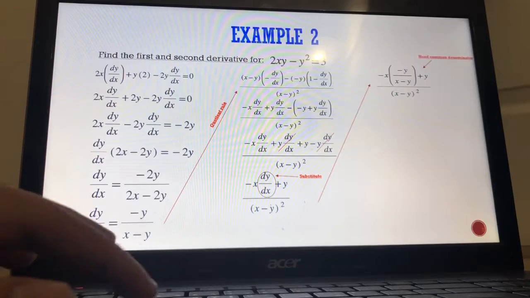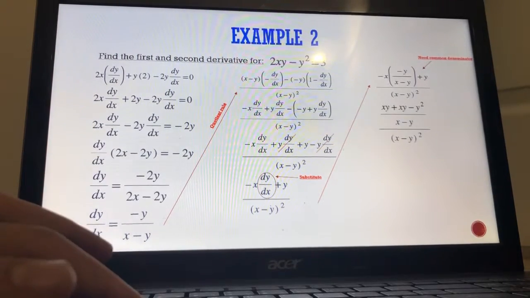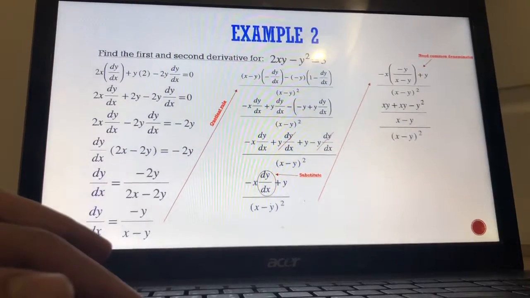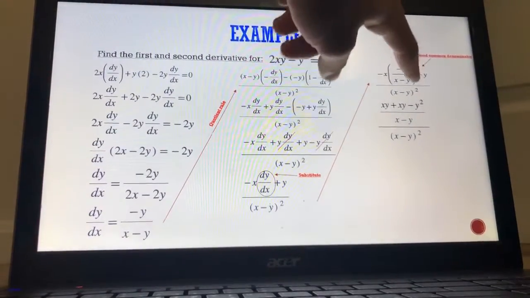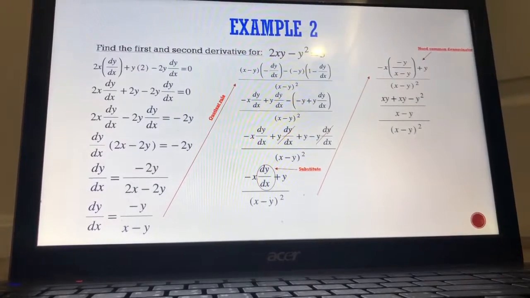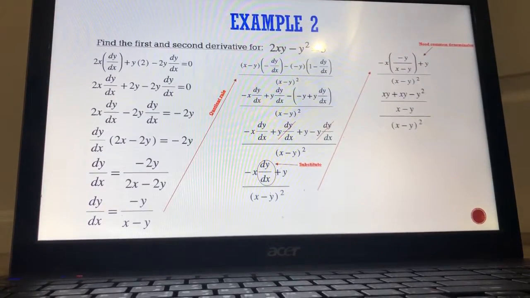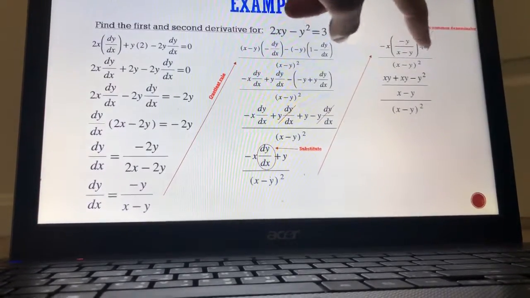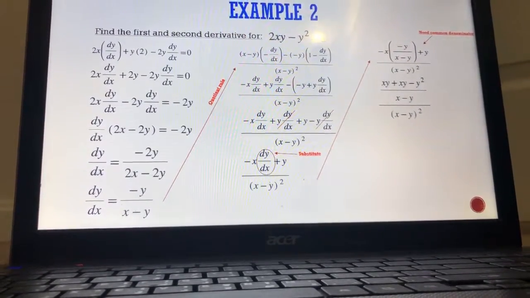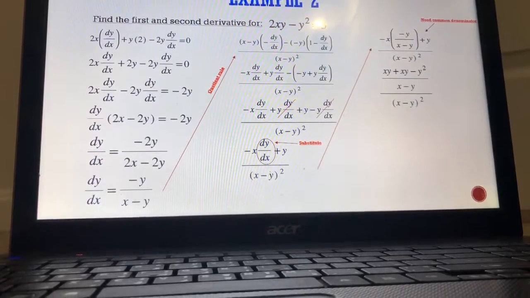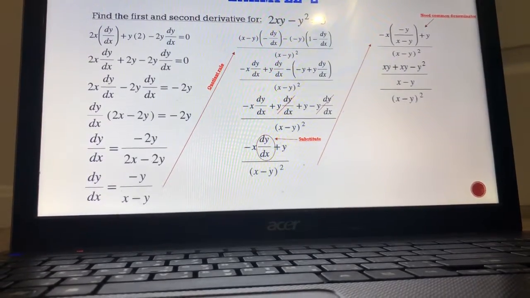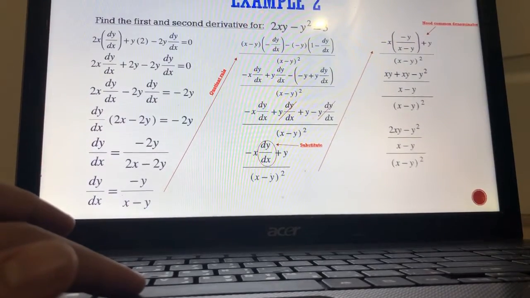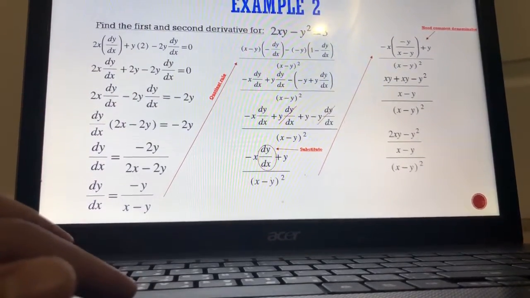So we substitute it in, and we need a common denominator for us to combine them. So when we put a common denominator, the top for y to be combined with the rest of it over here, we would get x plus xy plus xy minus y squared over x minus y, and then over the original denominator. Then we combine.